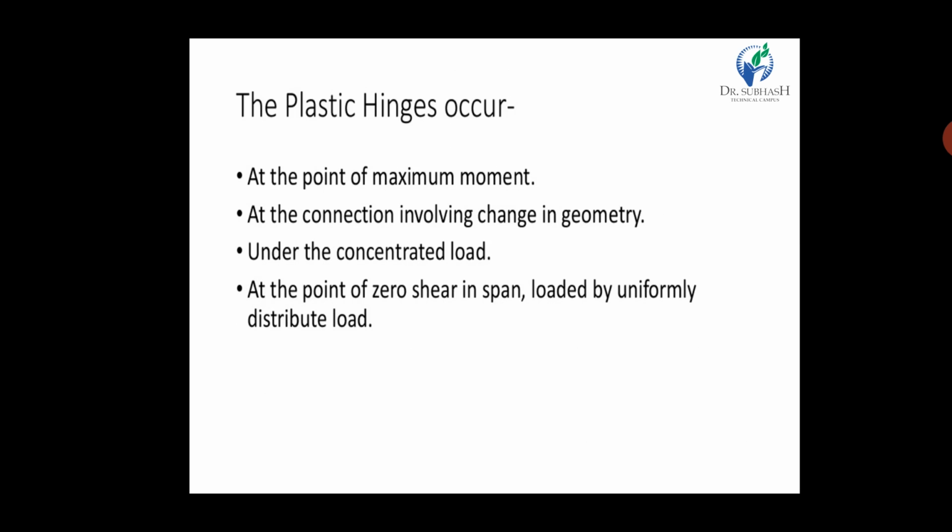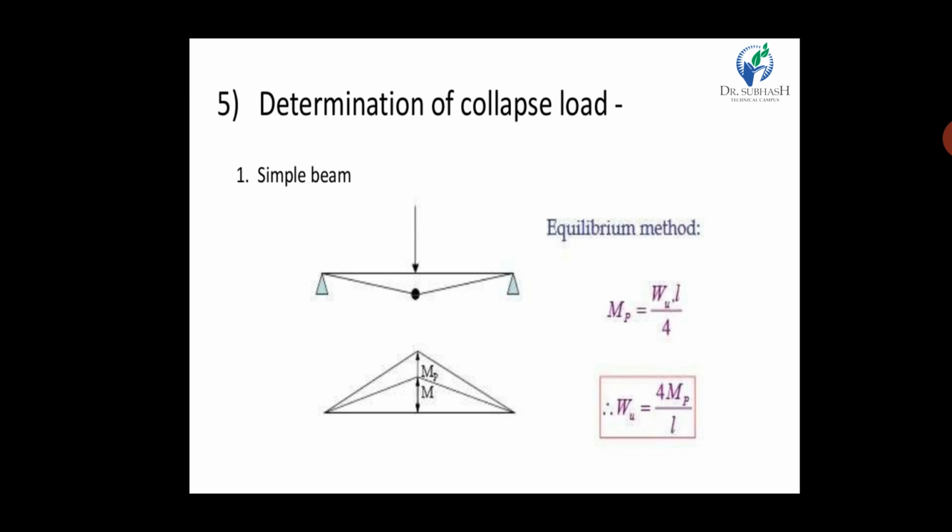Now the plastic hinge occurs, as discussed, at the point of maximum moment, at a connection involving a change in geometry, it means I or 2I, under a concentrated load, and at the point of zero shear in a span loaded with uniformly distributed load. Now, first, the determination of collapse load.